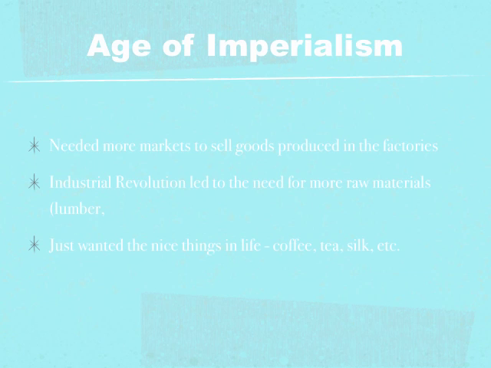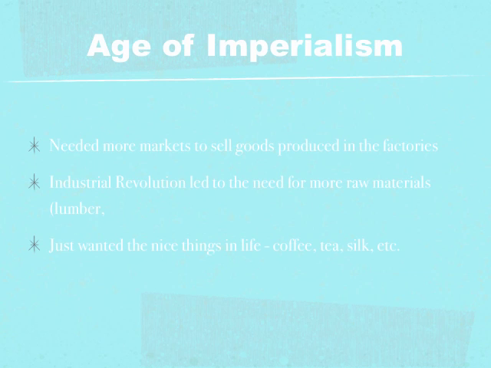find new markets for their goods. If you're creating all kinds of stuff, you need a place to sell these things. There are people all over the world that can purchase your goods, or you can trade things that they have for your things.